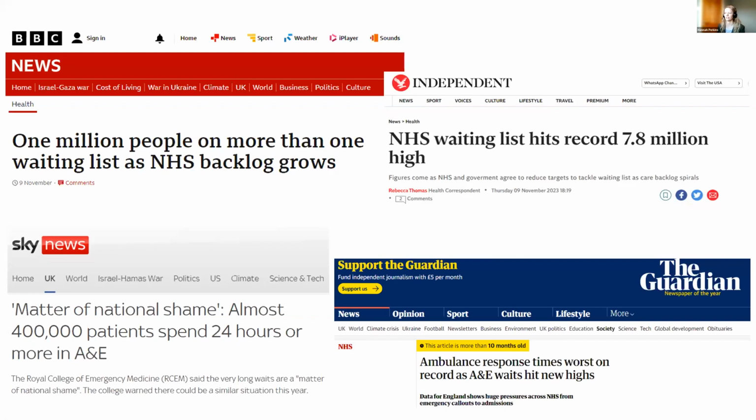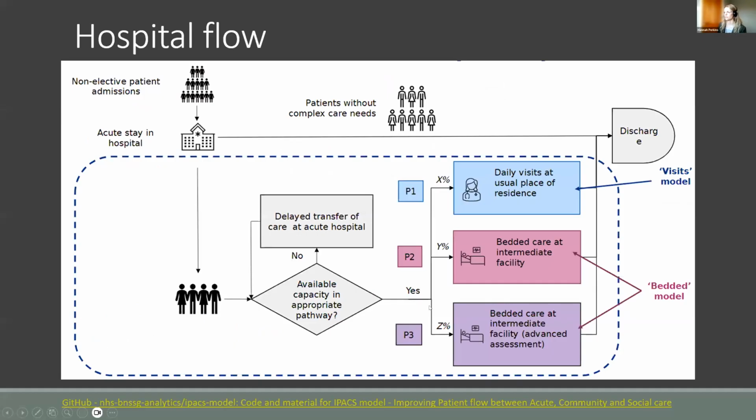Everything is looking at getting into care, and there's not much detail of what happens in hospitals or on the way out of hospitals. So this picture here is a really good way of depicting flow into and out of hospital. I've kind of shamelessly stolen this from the IPACS project, which is improving patient flow between acute, community, and social care.